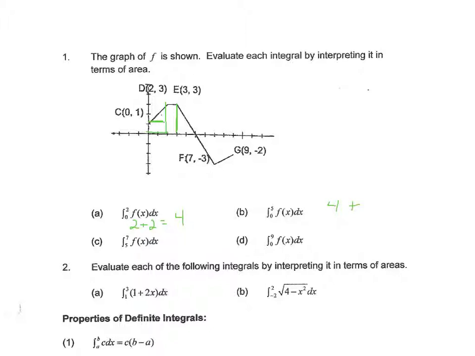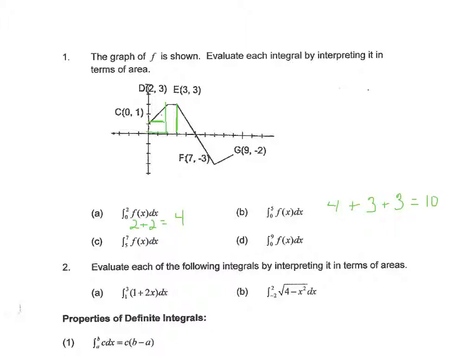What's the area of that rectangle? And the area of the triangle? So the total area is 10.